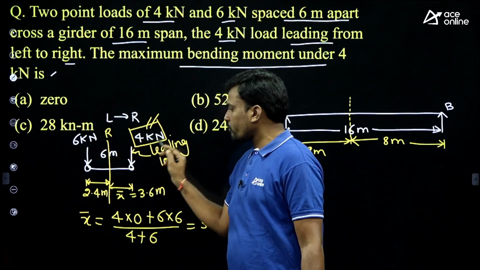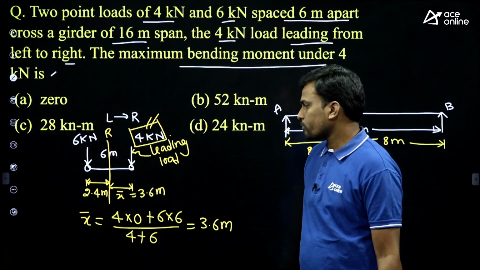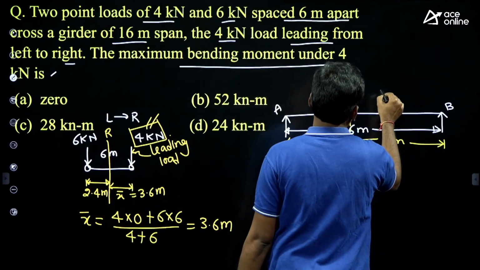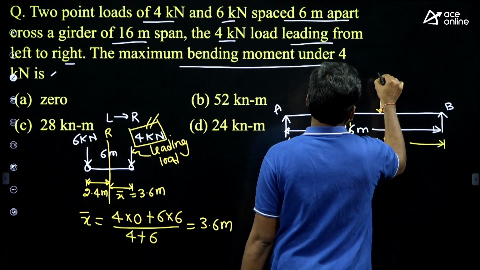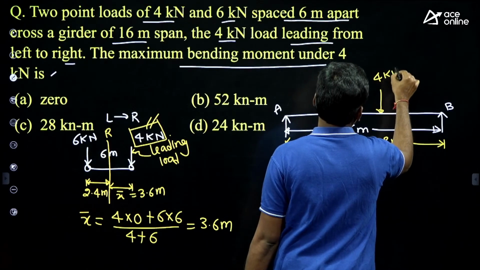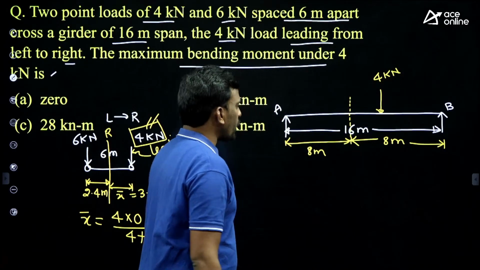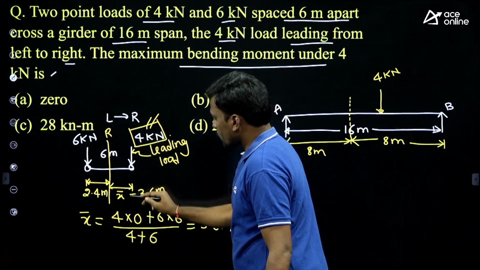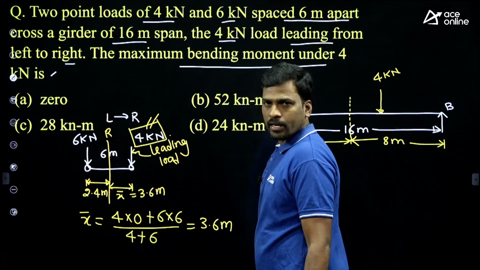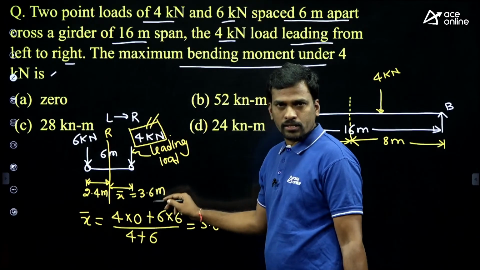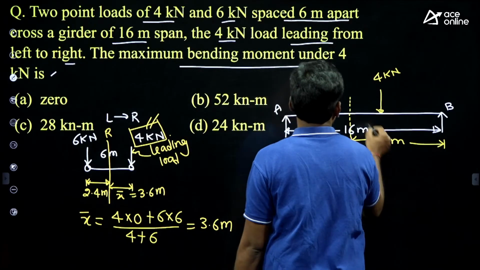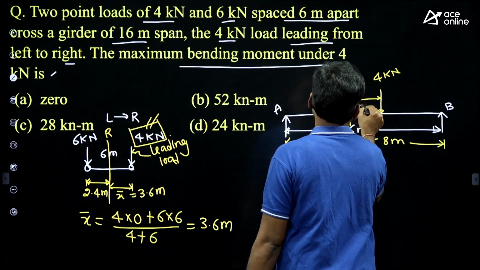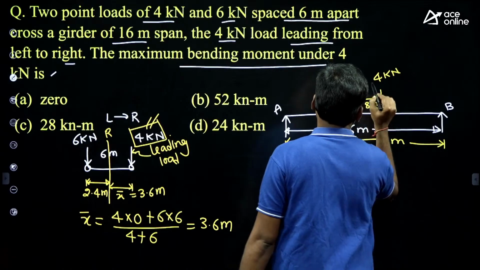It is right of the resultant force. Then place the 4 kilonewton right of the center of the beam, at what distance? The distance between the resultant force and 4 kilonewton is 3.6, and always half of the distance, so half is 1.8 meter.